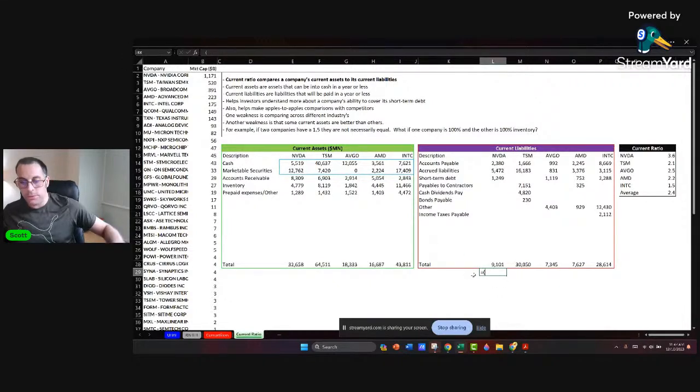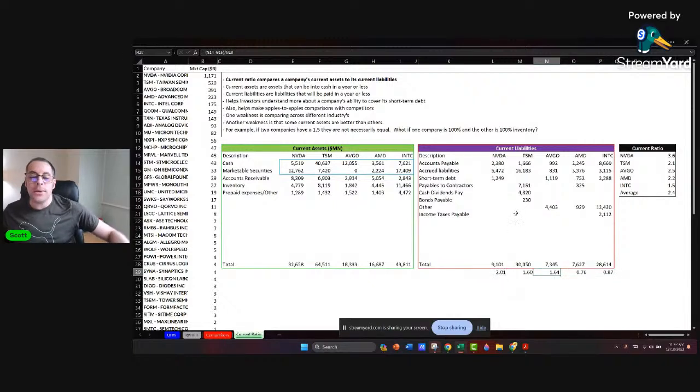And you could even do a formula. You can just do cash plus marketable securities over current liabilities, and if this is above 1, then they're in really good shape. This is above 1, 1.6. This is below 1, and that's of course below 1.